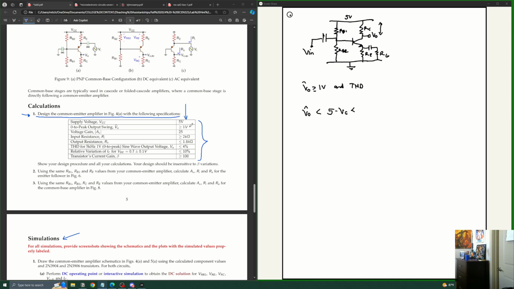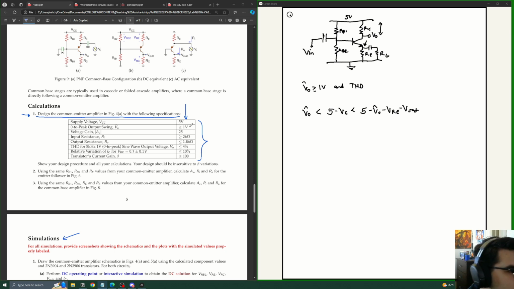But it also has to be less than the power supply 5 volts minus the swing minus the emitter voltage VRE, and then minus the saturation voltage. So that leaves us with the range of values that we can pick for VC.